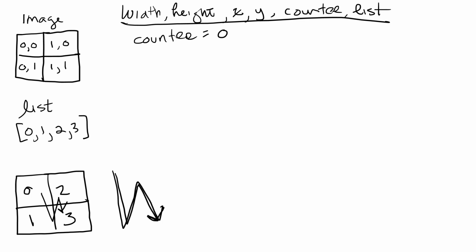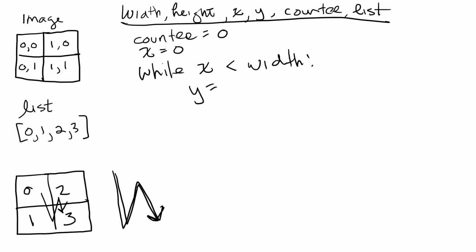So counter equals 0, x equals 0, while x is less than width. Now we do y equals 0, while y is less than height. Now we can do something with list.